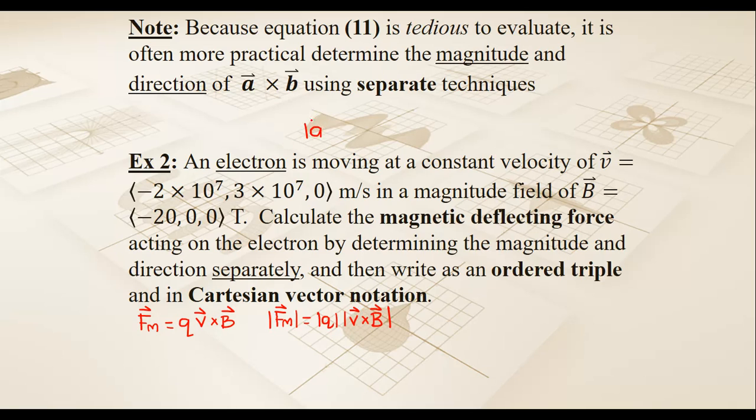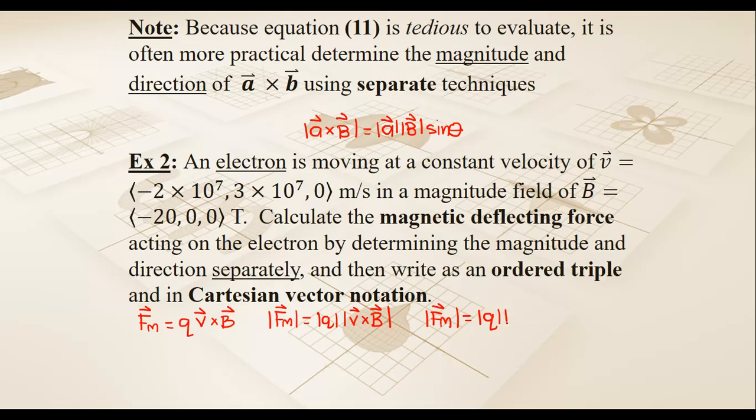We know that if you take two vectors and cross them together, the magnitude would be equal to the magnitude of A times the magnitude of B times sine of theta. So if I expand this correctly, the magnitude of the deflecting force would be equal to Q. And then, what's the magnitude of a vector cross product? You take the magnitude of the two vectors and multiply by sine theta.